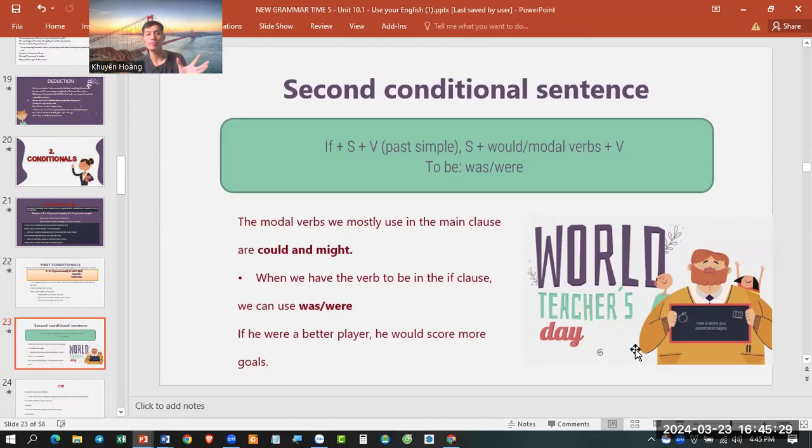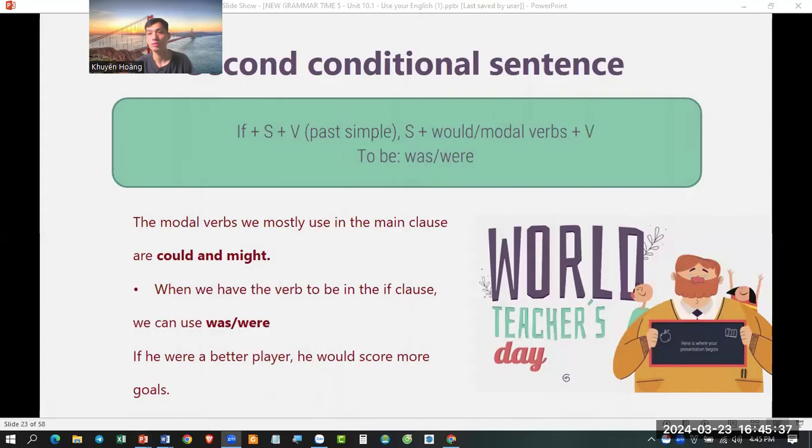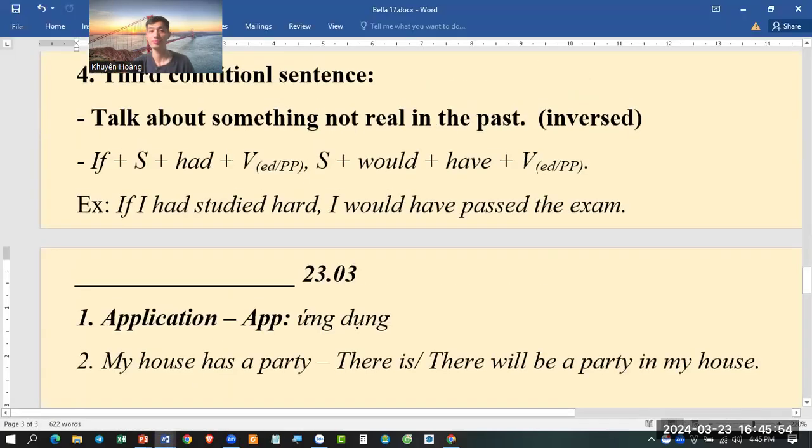So what do you know about the second conditional sentence? It talks about the past, about what happened in the past.